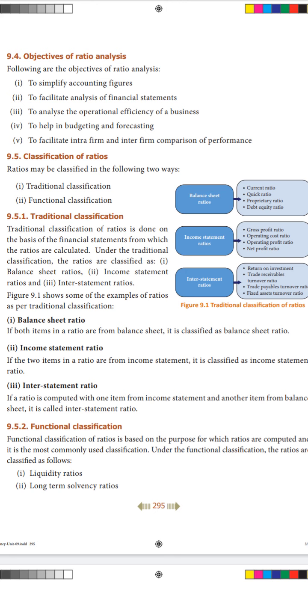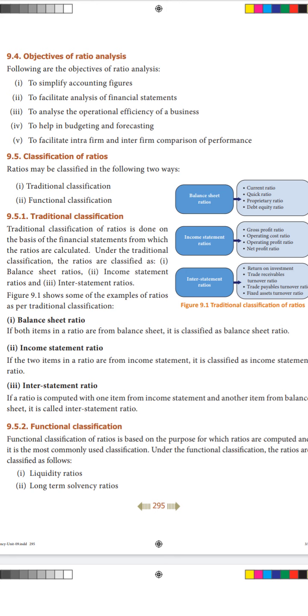Under the traditional classification, the ratios are classified into three categories: one is balance sheet ratio, second is income statement ratio, and the third one is interstatement ratio.